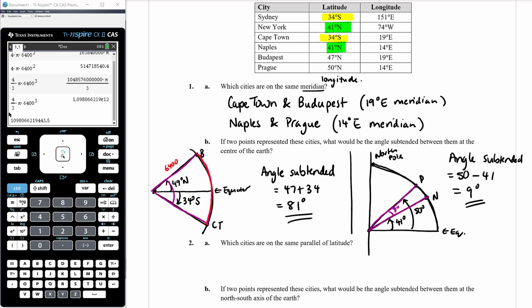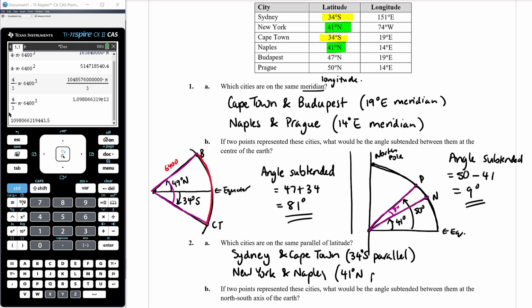So we have Sydney and Cape Town, both on the 34 degrees south parallel. And we also have New York and Naples on the 41 degree north parallel.